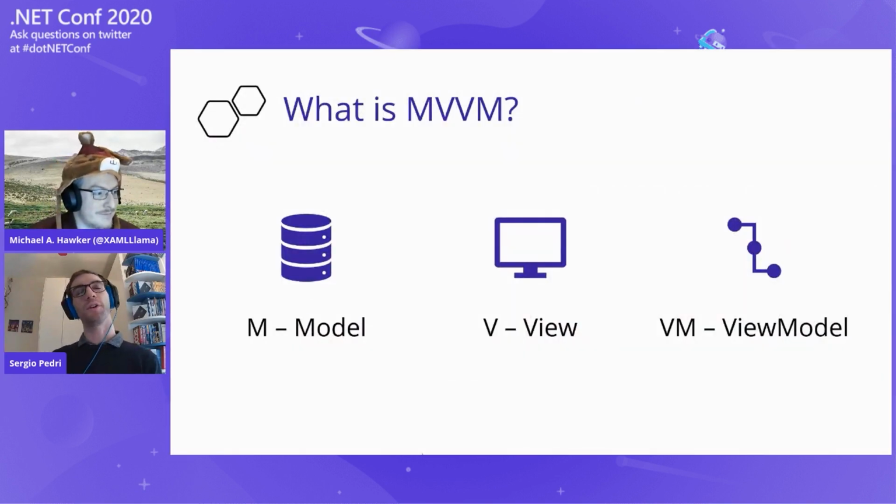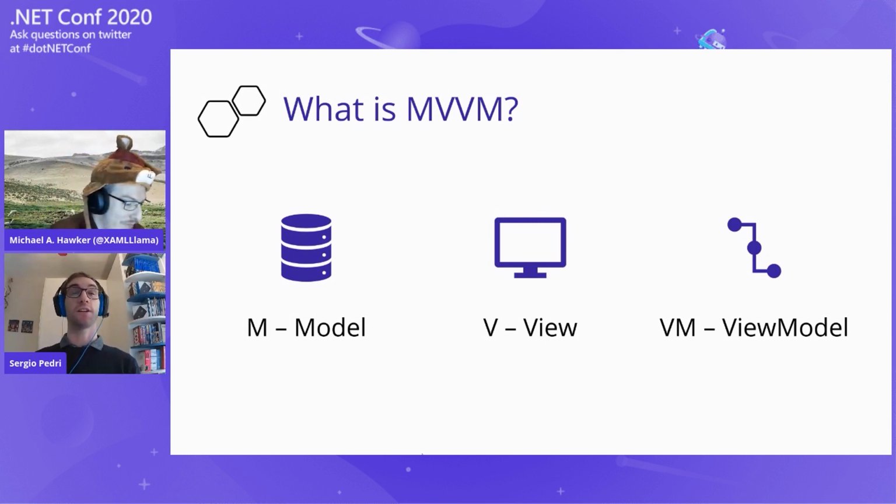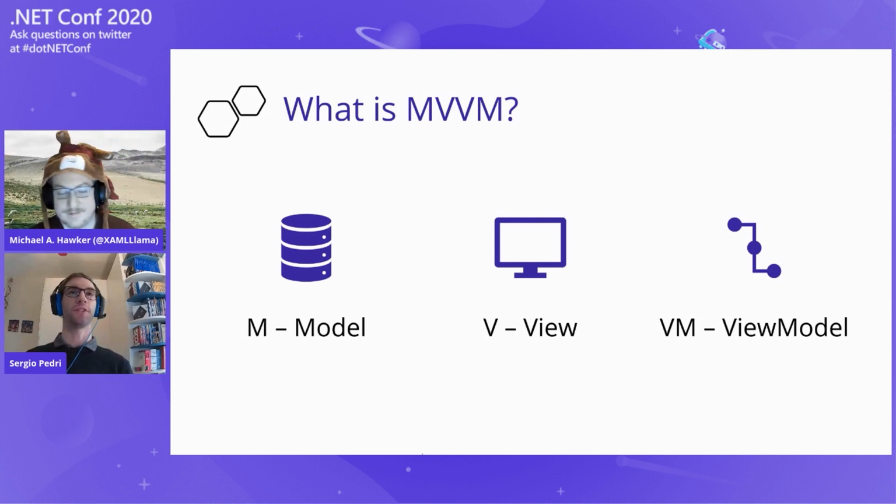All right, so here we're going to assume that all of you are already familiar with the basics of the MVVM architecture. But just to make sure we're on the same page, we can do a small recap here. So the MVVM architecture is a software architectural pattern that can be used to develop applications, primarily to separate concerns. The name itself, MVVM, stands for these three main components that you can see here: the model, the view, and the view model.